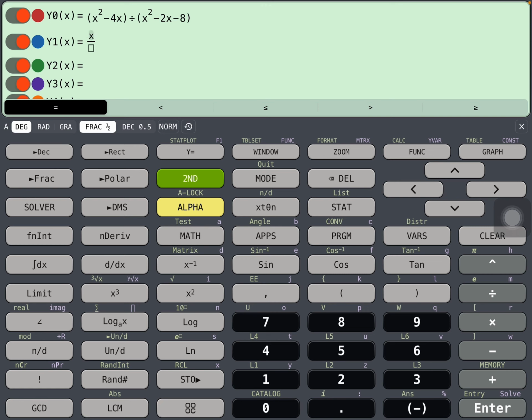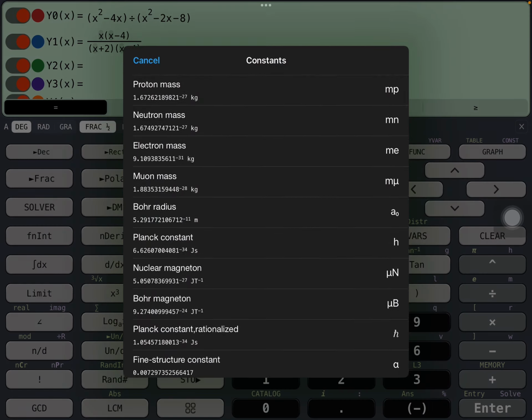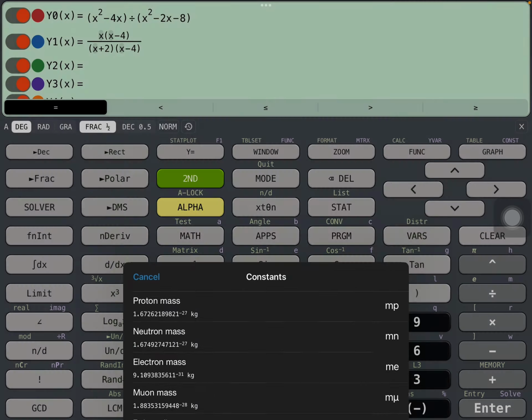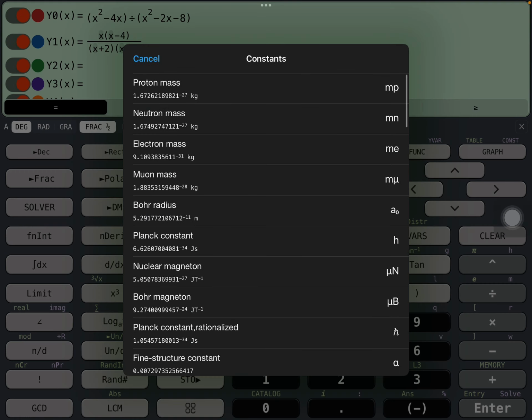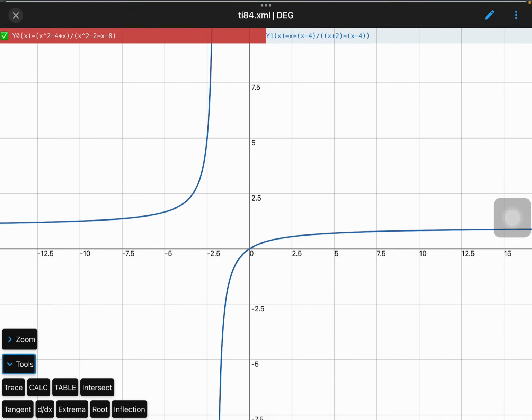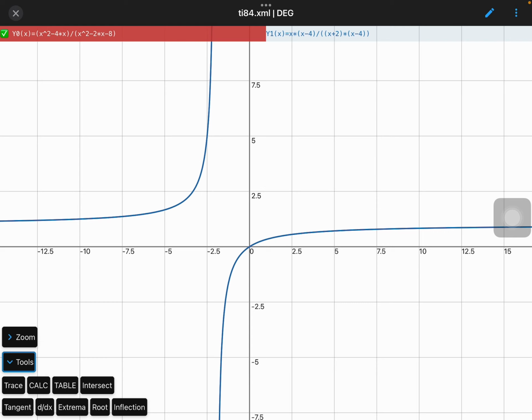We've got x, and then our factored form was x minus 4. And then we've got x plus 2, and x minus 4. Both of these are the same thing. We press graph, it's just going to be overlapping. I'm stuck in alpha mode. There we go. Same thing, right?